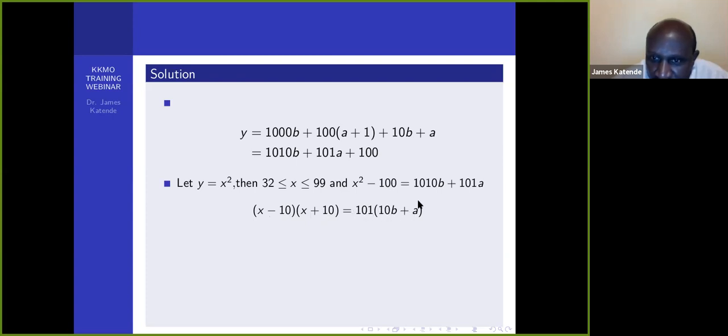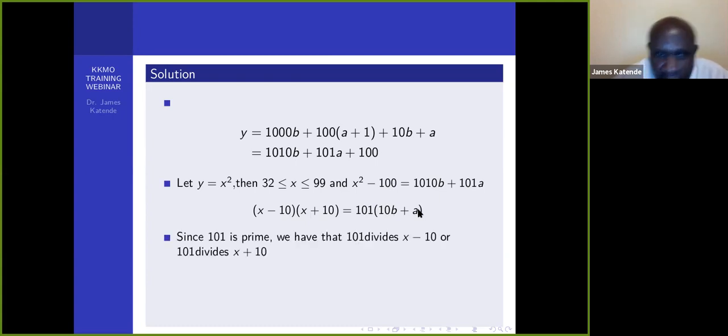And also on this other side, you have 101 is common. So you can factor it out and you're left with 10b plus a in the brackets. So what this means is the following. Since we know that 101 is a prime number, it must divide one of these numbers. There's a theorem from number theory which says if a prime number divides a product of two numbers, then it must divide one of the numbers.